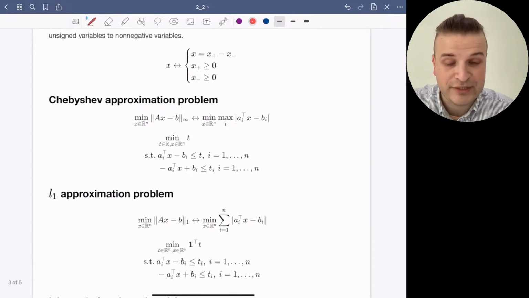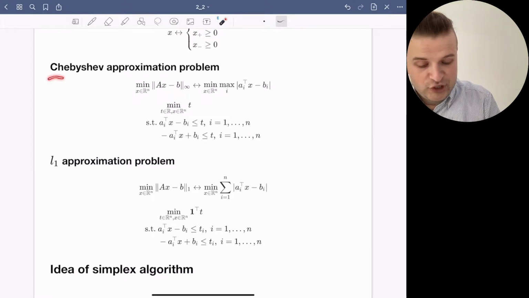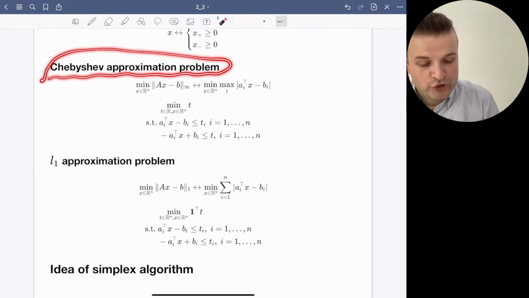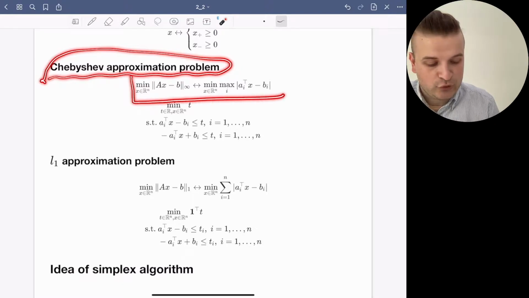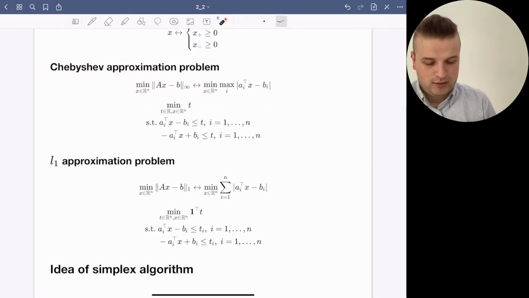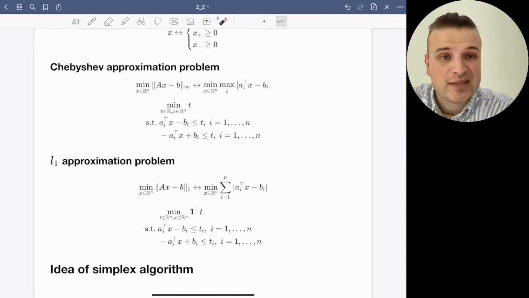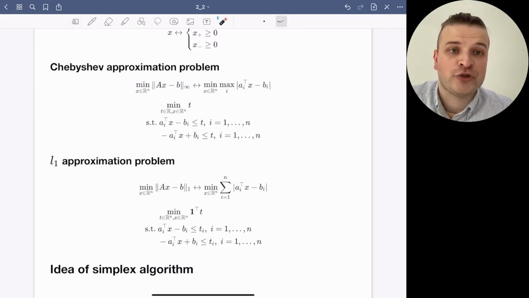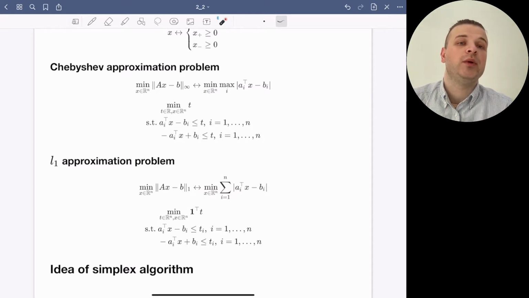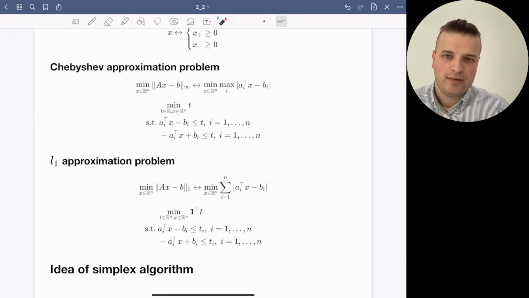That's not pretty interesting for us for now. That's the example of the Chebyshev approximation problem, which is the solution of a linear system in infinity norm. For example, at the same time, we have this sparse fitting approximation. Suppose we are to find a solution to a linear system AX equals B, but we also want the X vector to be sparse, for example.